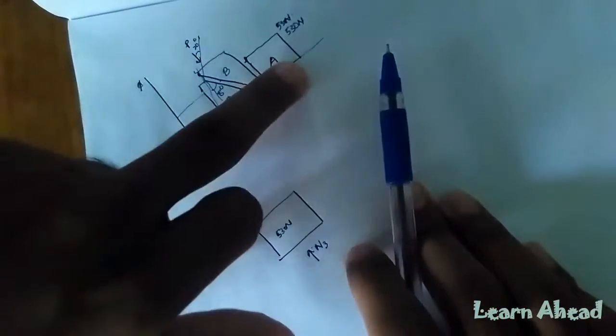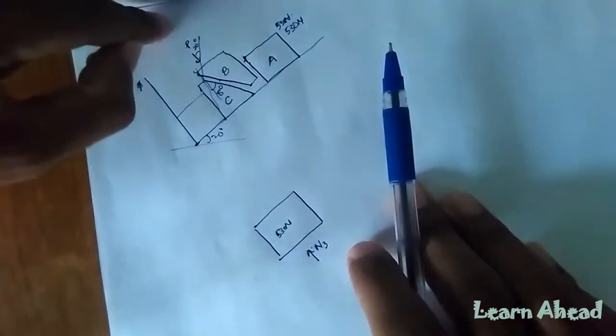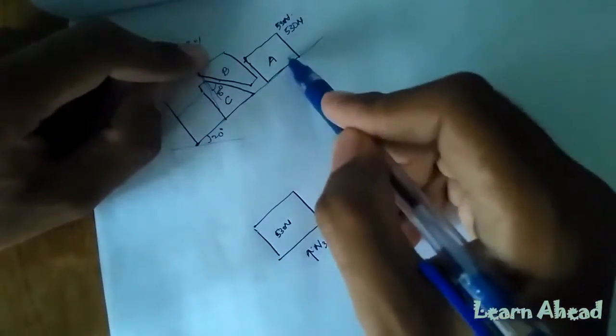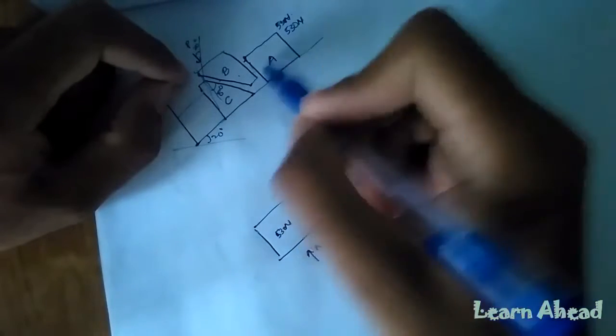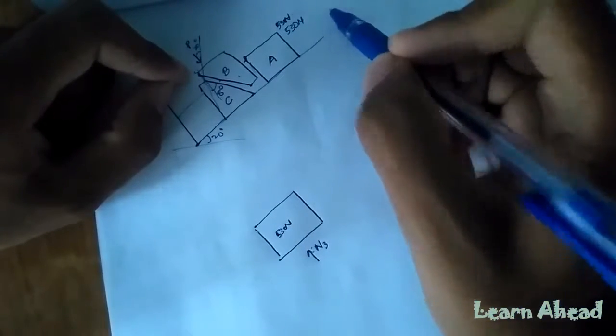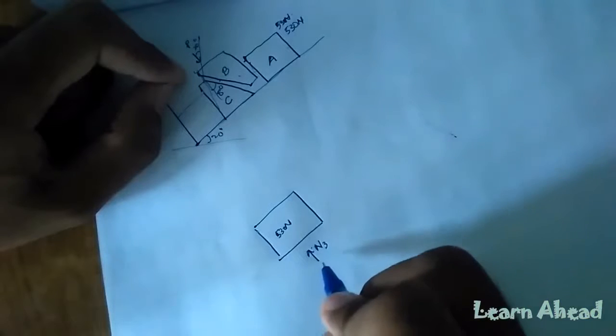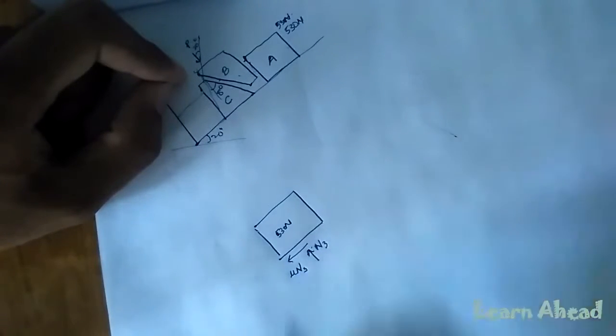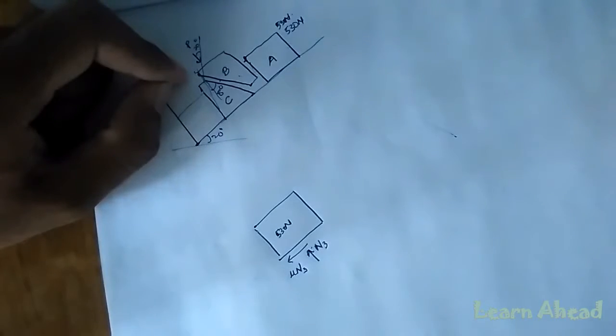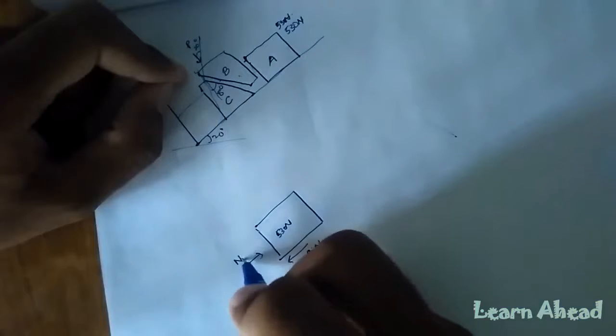Now here the motion of the block A is impending. What is happening is P is pushing it downward. If this P is brought down, block A will move up the plane. This means the friction force will be acting down the plane. And this block B will be offering some normal force, that is N2.